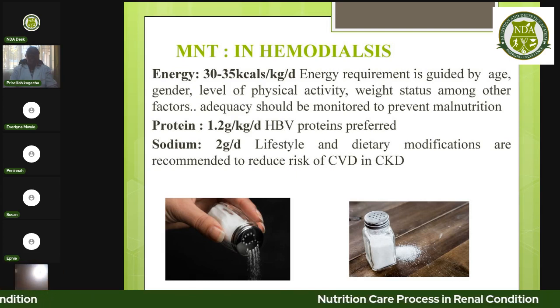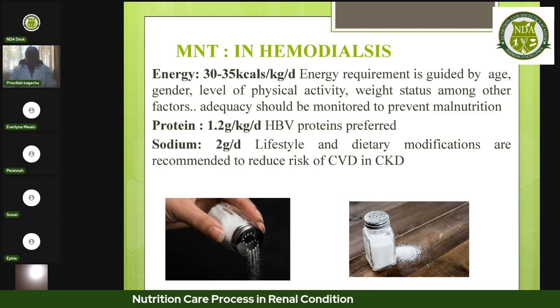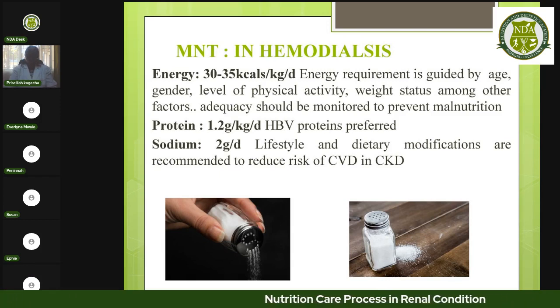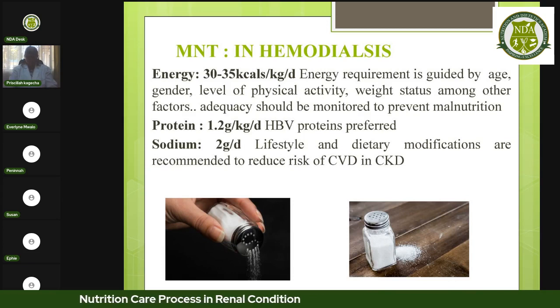And we also want to advise on how to reduce potassium intake. You need to show the patient the foods that are high in potassium, and fruits as well, so that they may reduce their intake.